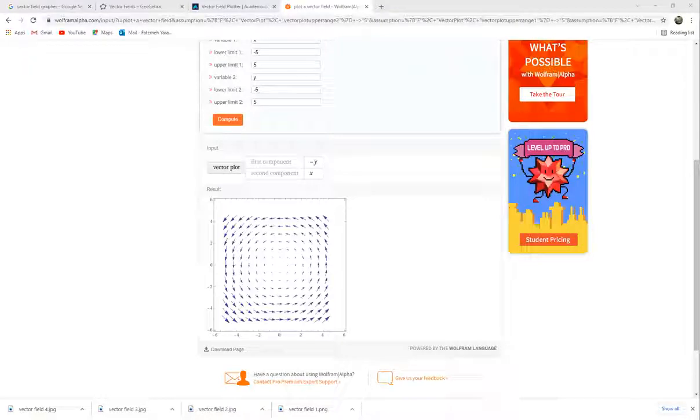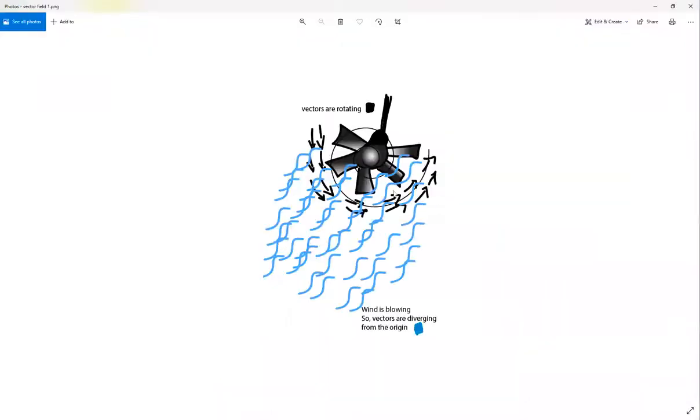Very well. So let's take a look at our vector field. If you have a fan and you start the fan, it starts rotating. Am I right? The panels are rotating, and the direction is rotational. It starts rotating very fast. Then you have some vectors.